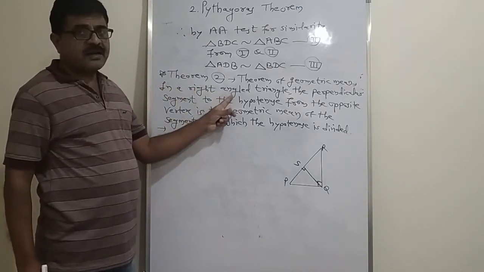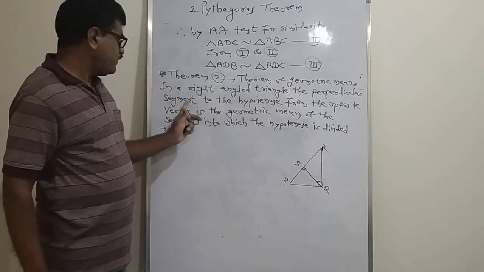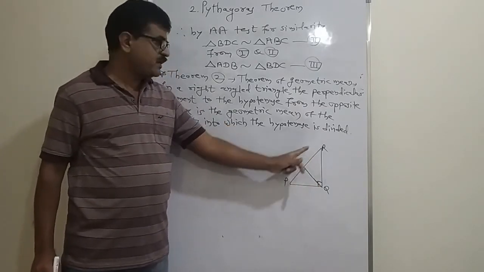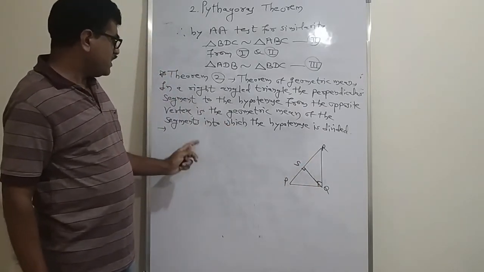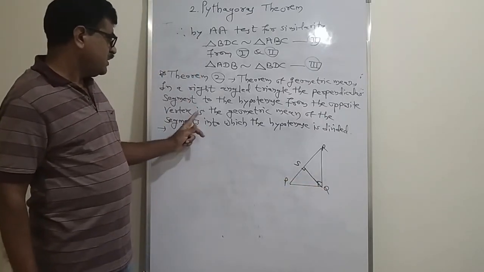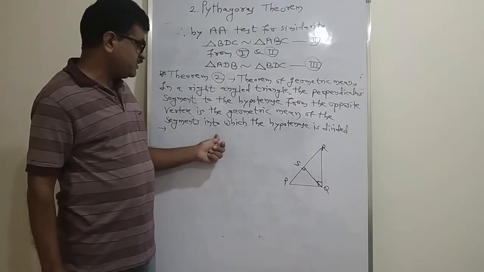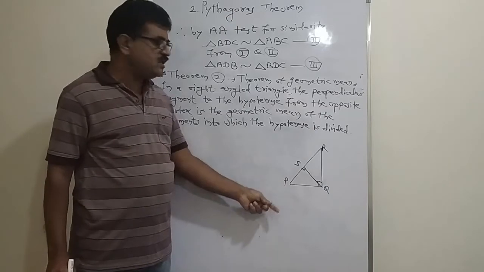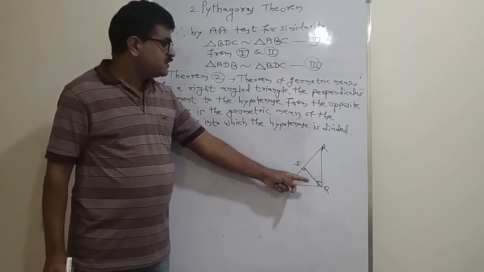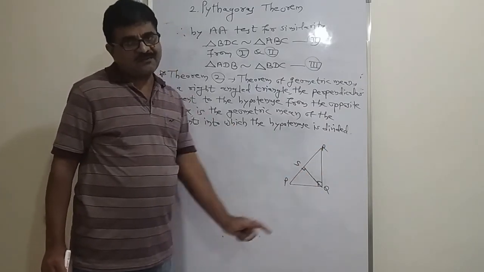In a right angle triangle, the perpendicular segment to the hypotenuse from the opposite vertex is the geometric mean of segments into which the hypotenuse is divided, that is these two segments. That is, we have to prove QS square is equal to PS into SR.